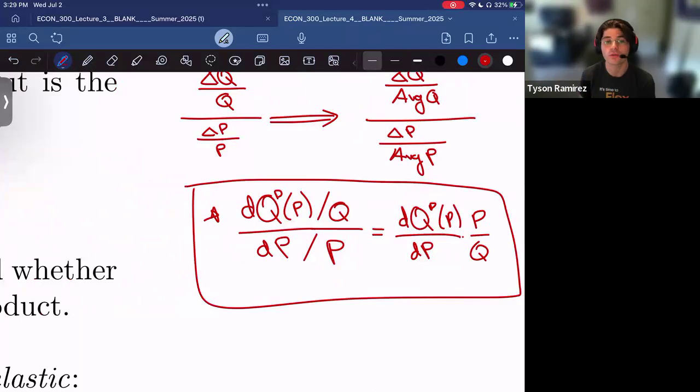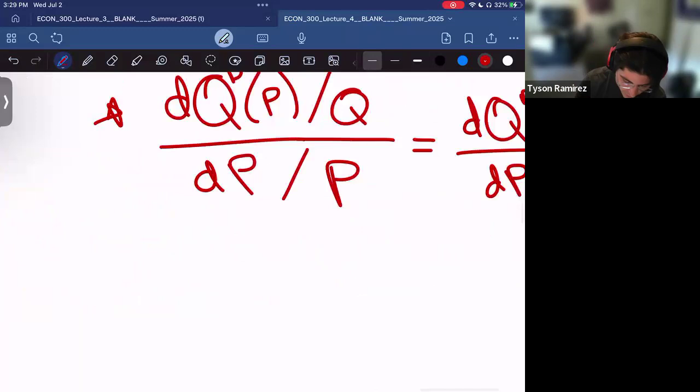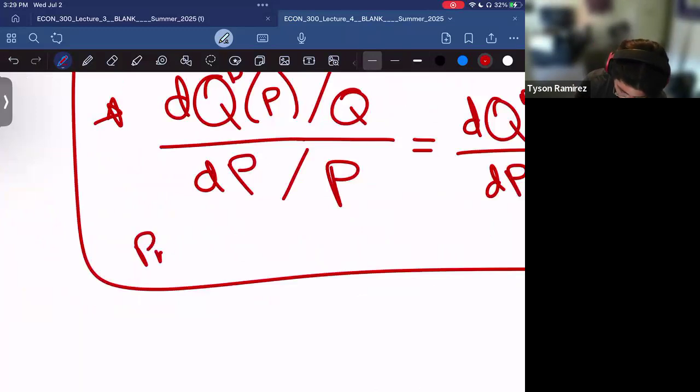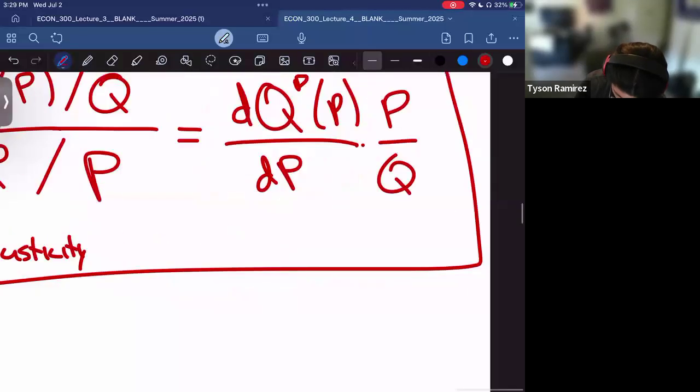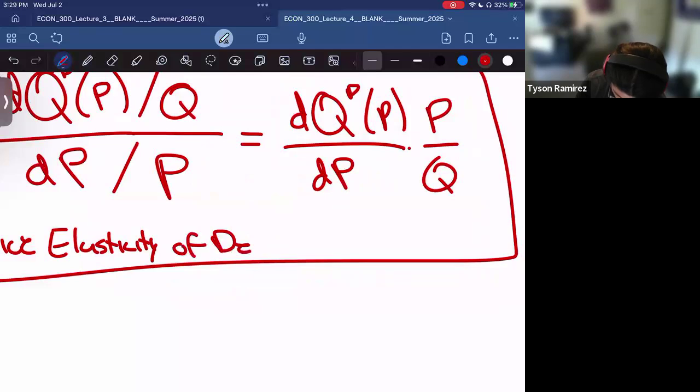This is the most formal version of price elasticity of demand using calculus.